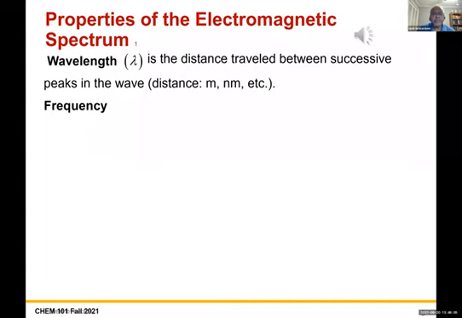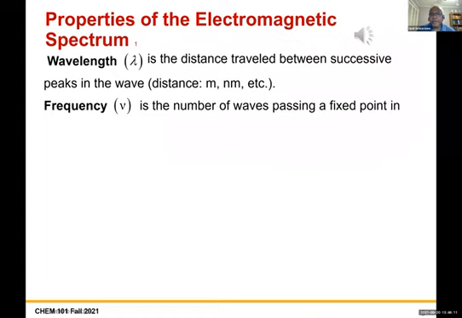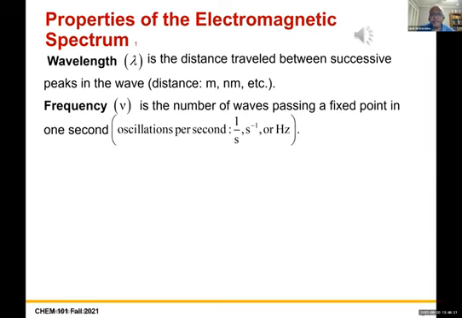Frequency, mu, is the number of waves that pass through a fixed point in 1 second. Frequency is in 1 over second, per second. It's also expressed in hertz.